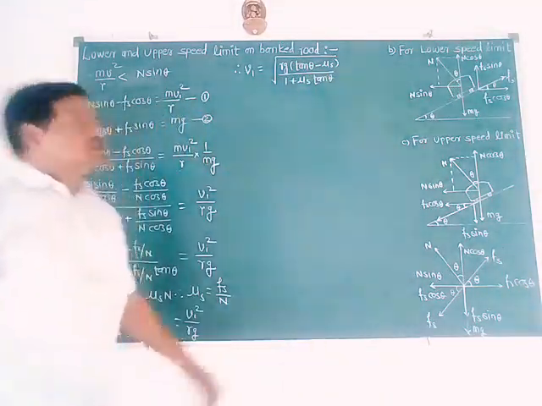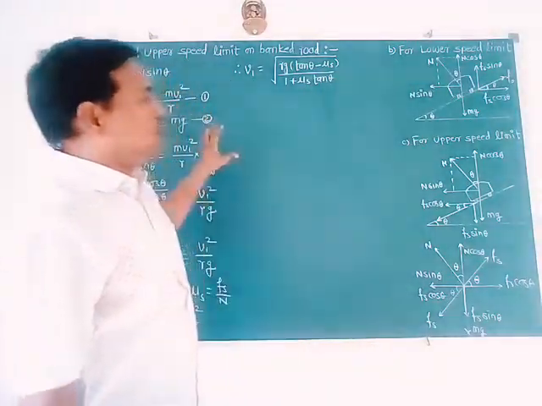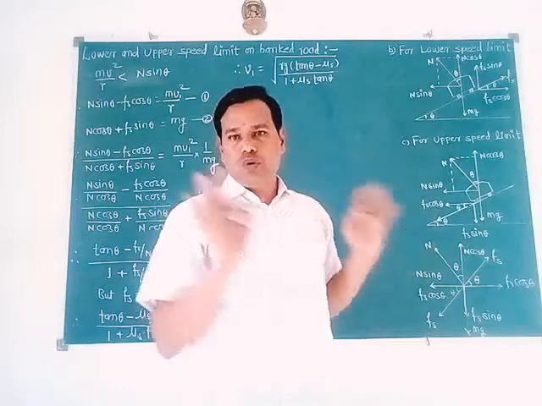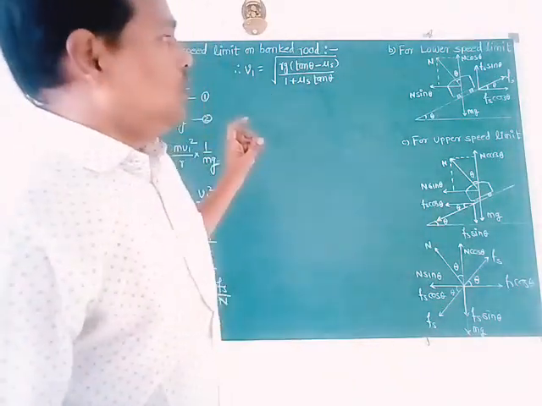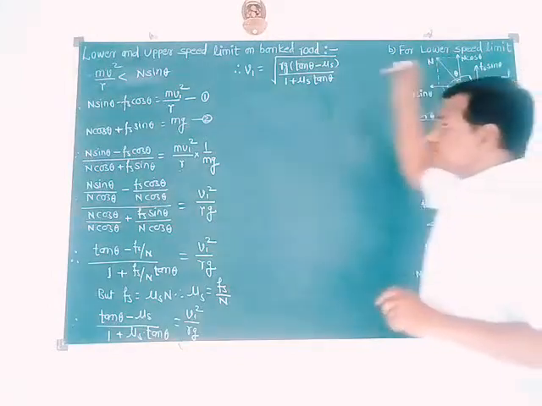So this is the lower speed limit of vehicle on the banked road with force of friction in action.